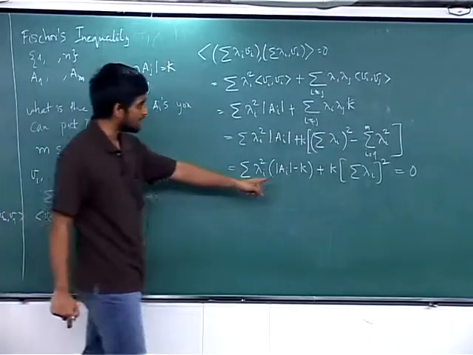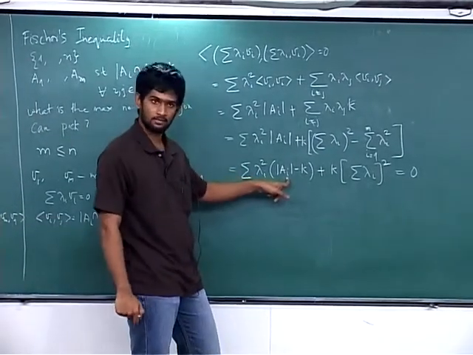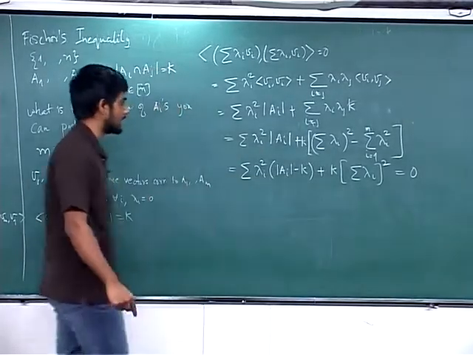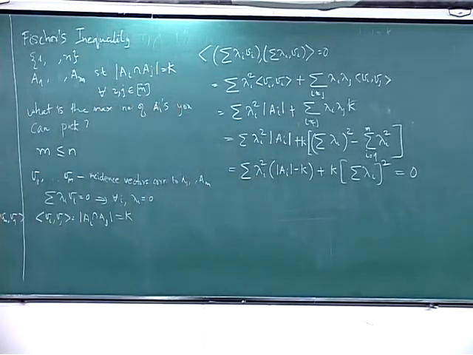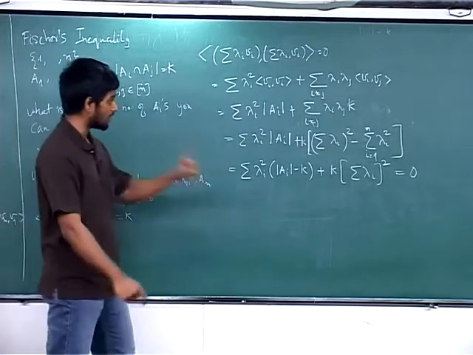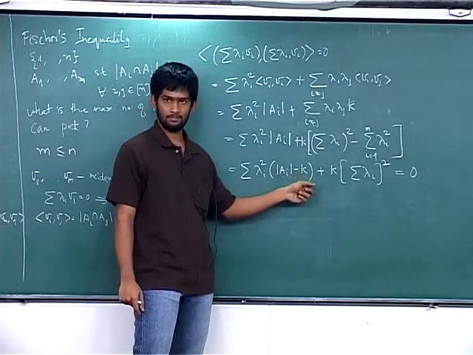Now I know that ai is greater than or equal to k, right? And there can be only one ai with actual value k, because I know that their intersection is k, and if there were two ai's with exact cardinality k, then they must be the same sets. So there can be at most one set ai with cardinality k.